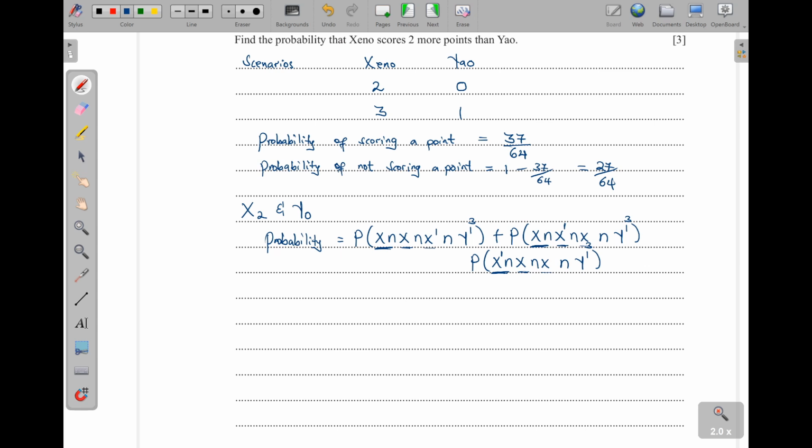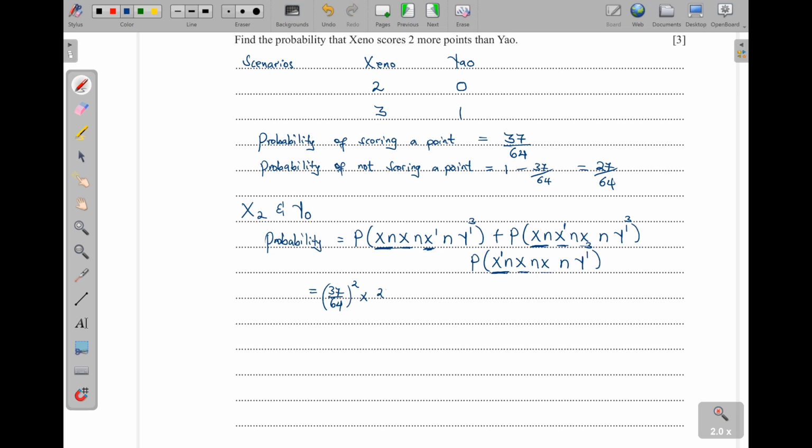Now, how are we going to write these probabilities? So scoring a point, remember it is 37 out of 64, okay? Then I will also multiply by 37 out of 64 here. So I will just square it, okay, for these two. Then times, for x prime, not scoring a point, it is 27 over 64.